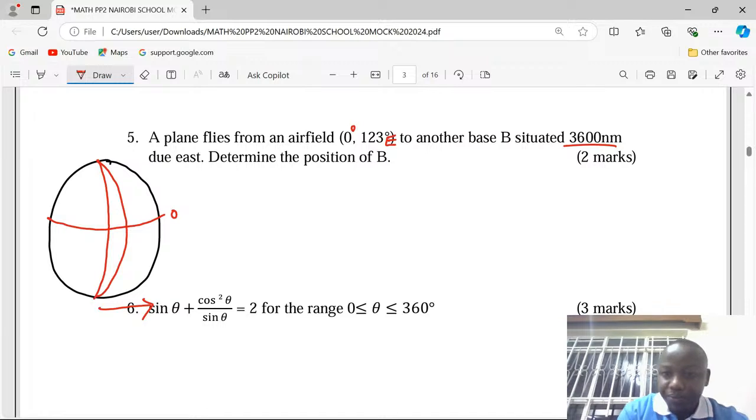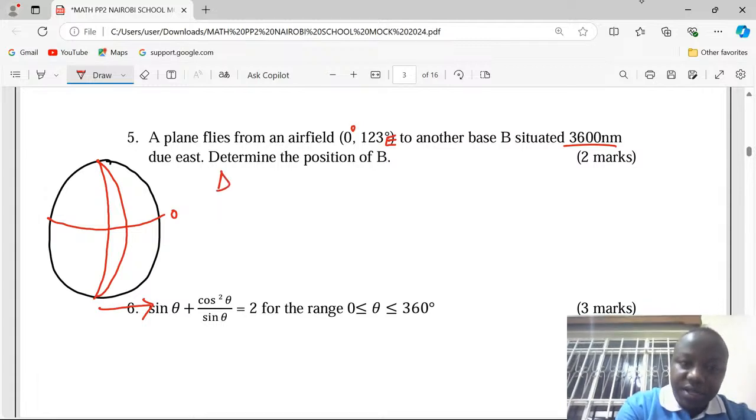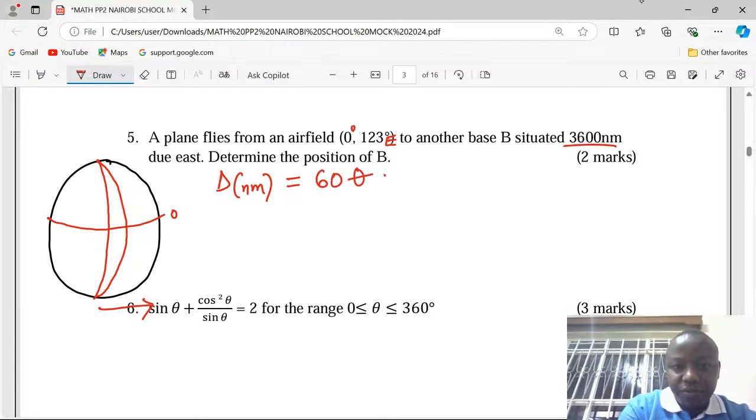We can now calculate the angle through which we will move eastwards so that we may cover a distance of 3600. Distance in nautical miles along a small circle is given by 60 multiplied by the angle difference, multiplied by the cosine of the latitude.